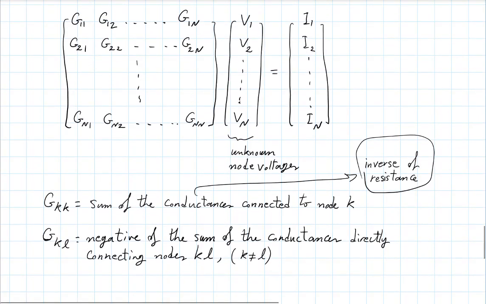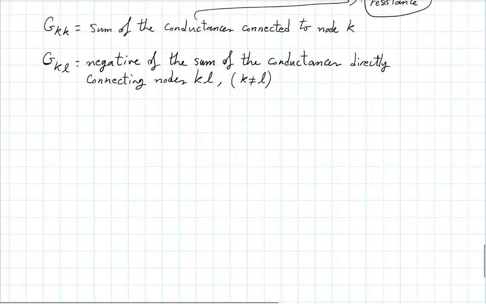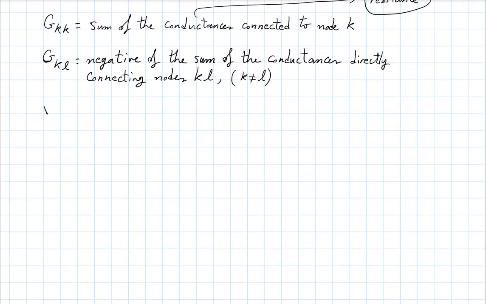So I'm talking about off-diagonal elements. We already talked about the diagonal elements up there. V sub K is the unknown voltage at node K.